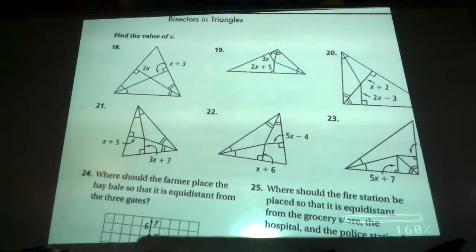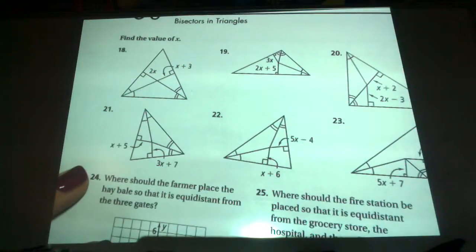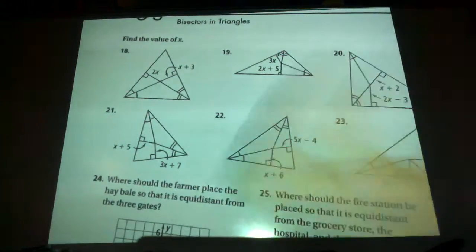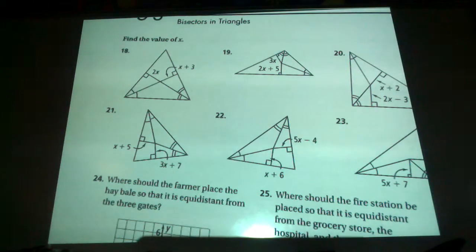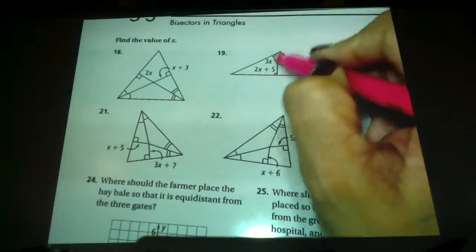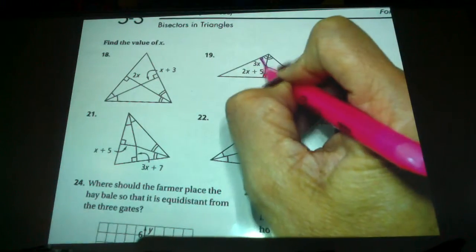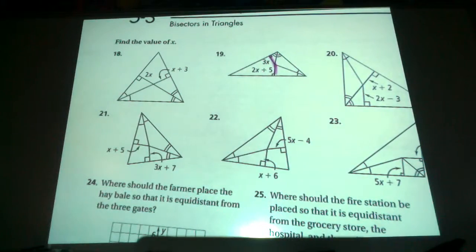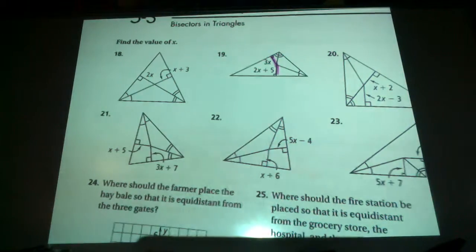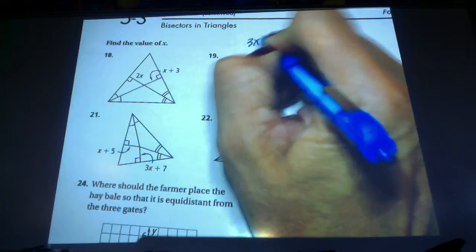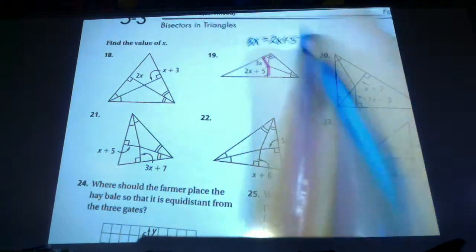Then you're going to come to questions like these. Look at what they've given you. With an angle bisector, so these are angle bisectors here, the distance that the incenter is from the sides of the triangle, those pieces are equal. So like on this one, I know to set 3x equal to 2x plus 5.